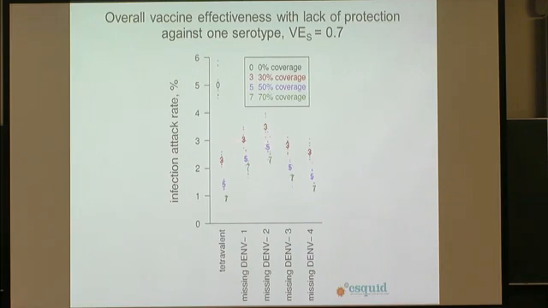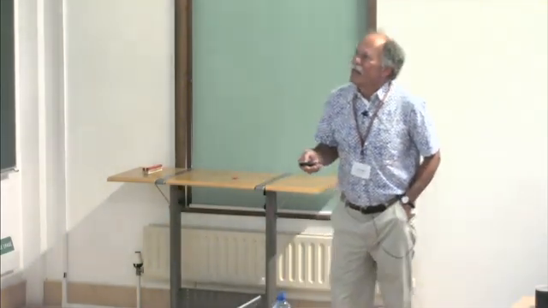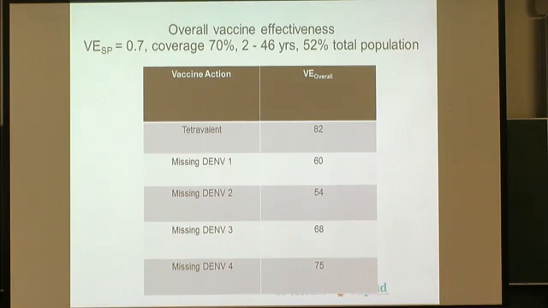It doesn't work against 1, against 2, 3, and 4. So basically, you're getting down to about a 3% attack rate rather than a 5%, even with the mismatch. And so this is just talking about that issue.